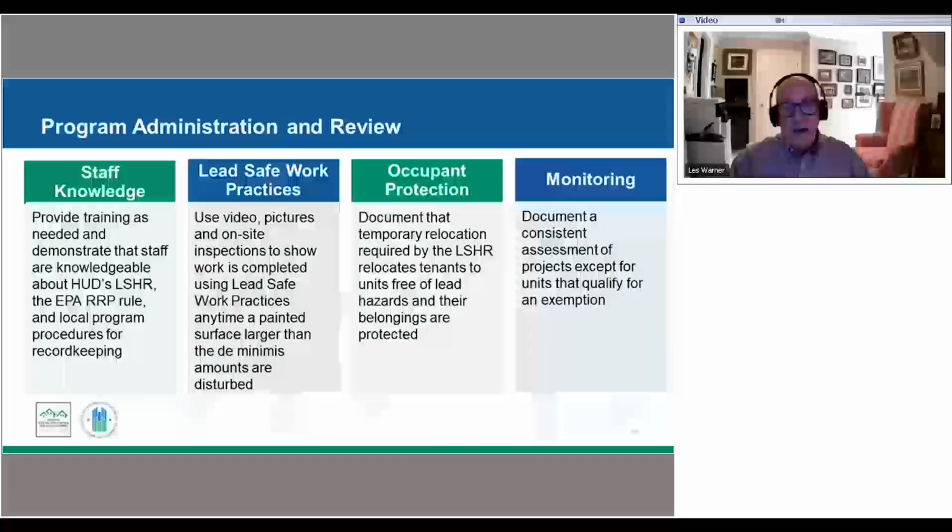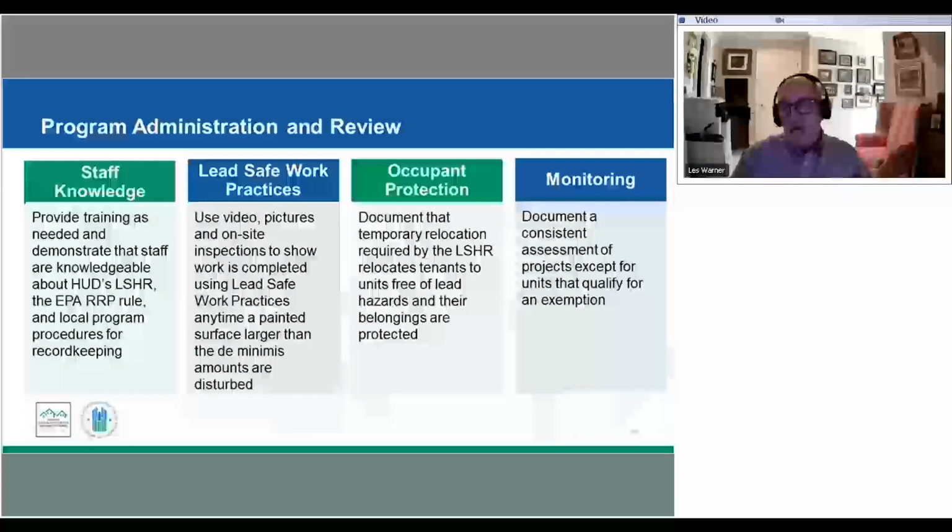And there's really nothing better than being able to have someone do an on-site inspection, but even just being able to see a video or pictures of that work site while the project is going on, to double check that yes, it appears that they've prepared that work site appropriately, that there's the presence of the equipment that we would expect to see, that workers are wearing protective gear, that we don't see the occupants' possessions in the middle of the work site, those sorts of things. So making sure that what we planned for is actually being implemented.